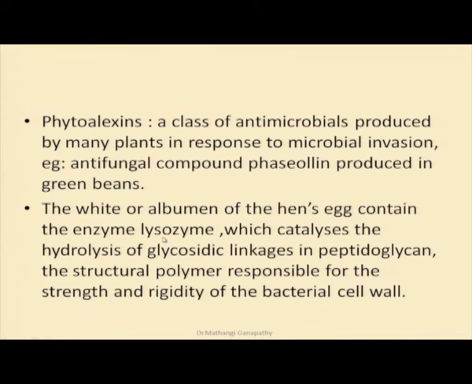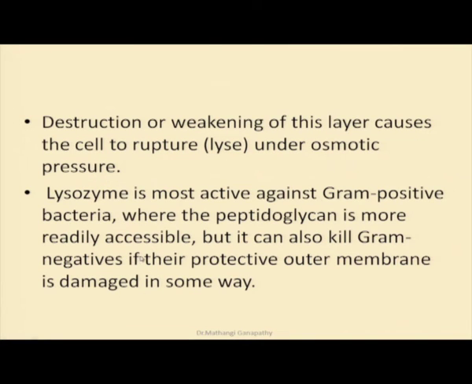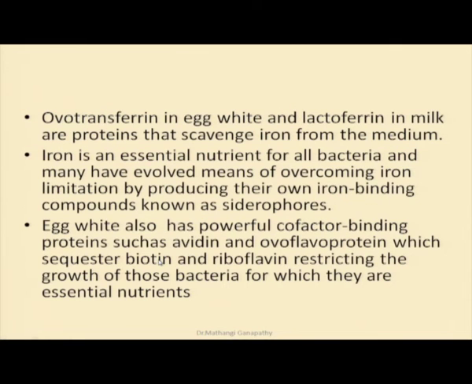So, here these two classes, the phytoalexins in the plants and the lysozyme in the hen's egg, can go and destroy the bacterial cell wall, thereby causing destruction. And this lysozyme is active against gram positive bacteria, where the peptidoglycan layer is much more readily accessible, but it can also act on gram negatives if the protective outer membrane is damaged in some way.